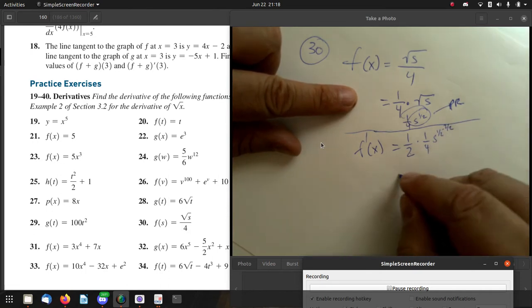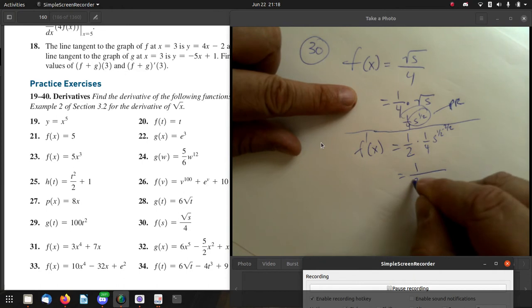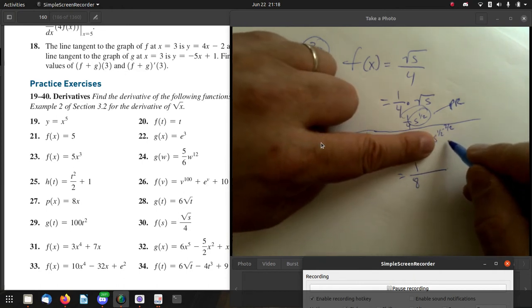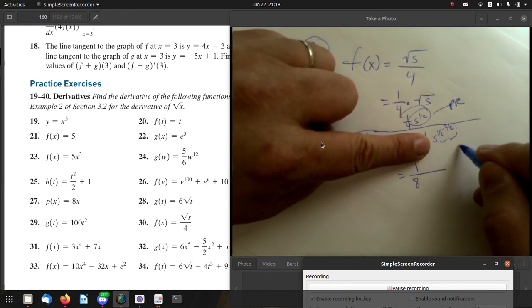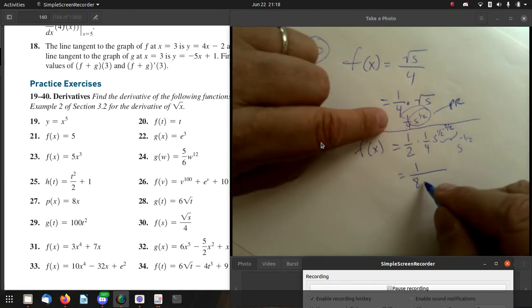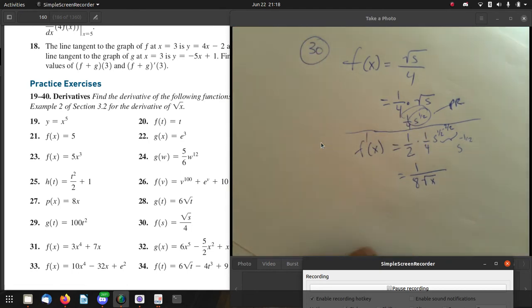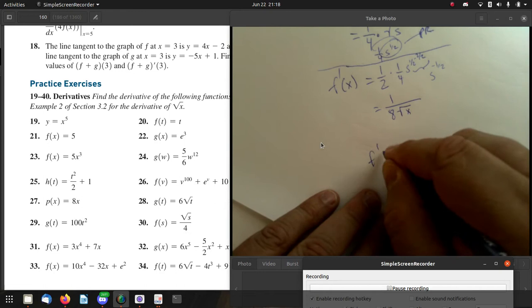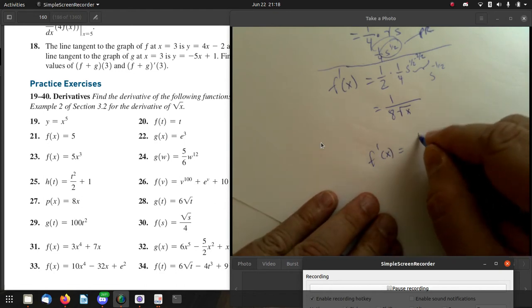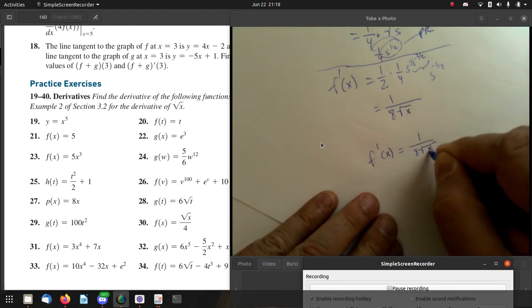Okay, 1/2 times 1/4 is going to be 1 over 8. And then we're going to have that same negative power here, which simplifies to s to the negative 1/2, meaning the square root of s is down here. Making it look pretty now at the end, I just have 1 over 8 radical s.